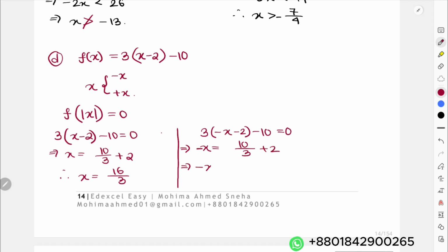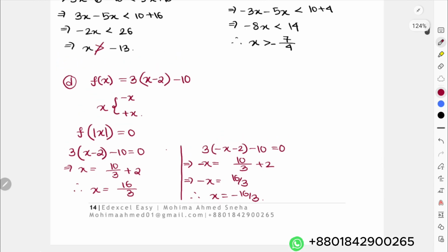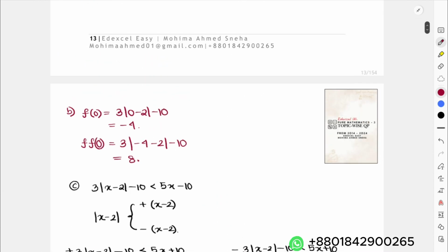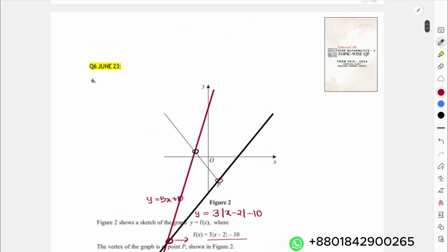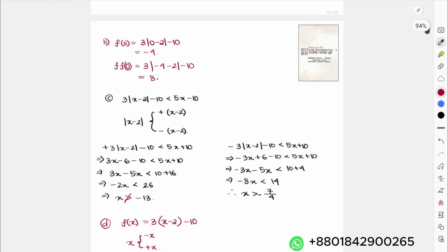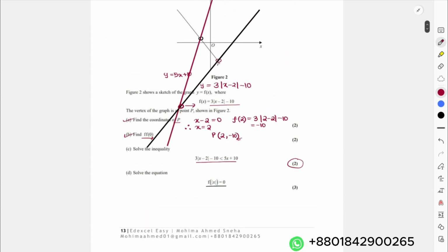So again you get minus x equals 16 by 3, and finally you can write x equals minus 16 by 3, right? So you get one as positive 16 by 3 and one as negative 16 by 3. And this is all the working you had to show for this question 6 of June 2023. So we are done with this question 6 of June 2023. Let's move on quickly to your next question.